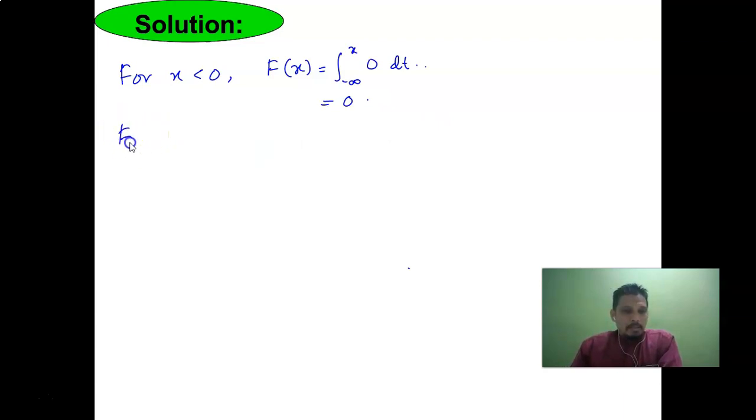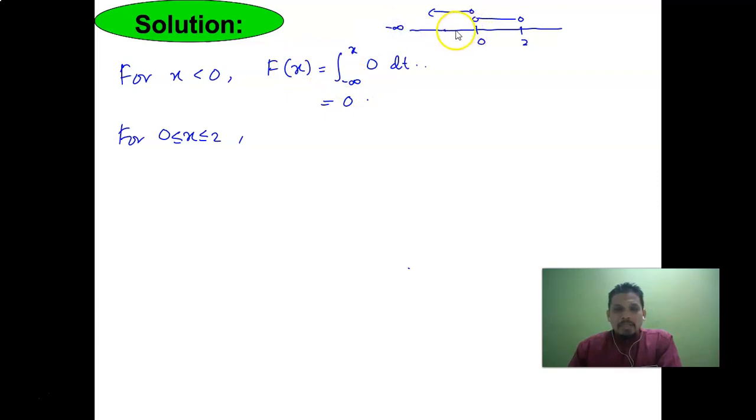And then for x lying between 0 until 2, accumulate means that the first one here, we accumulate from negative infinity until any point less than 0. Let's say we put a t here. Okay, we substitute with x here, x less than 0, from negative infinity until x is equal to 0 here. Okay, because the function is 0.